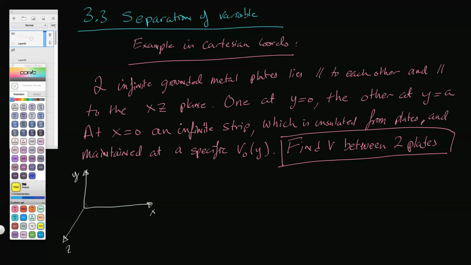So we're going to have kind of the strip. That's our strip, right? And that just keeps going. And then we have the planes. One of them is here at y equals 0.